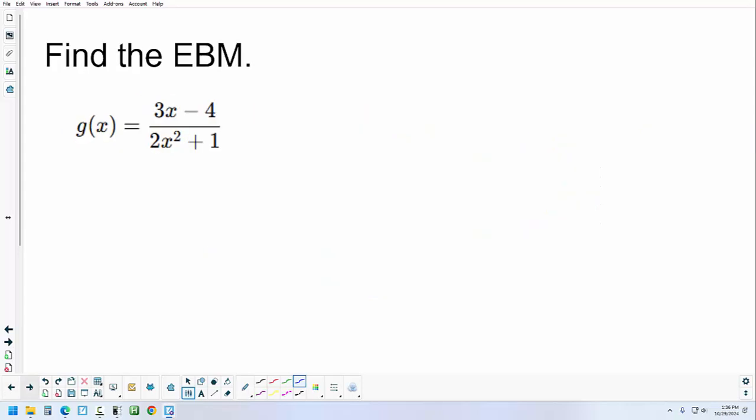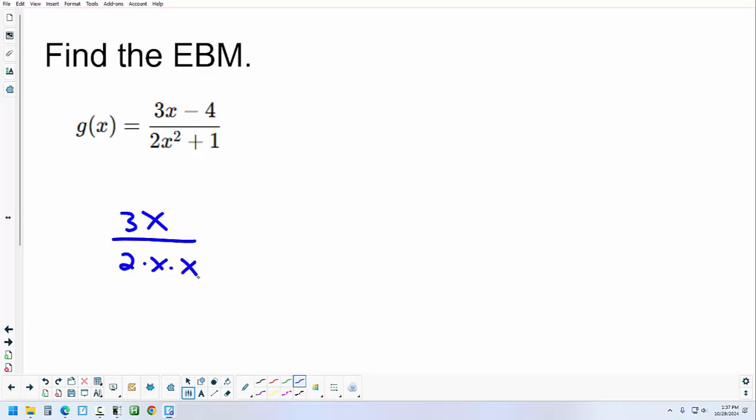Okay, let's look at this one. Kyle, what's the highest degree term in the top there? 3x. Brett, what's the highest degree term at the bottom? 2x squared.